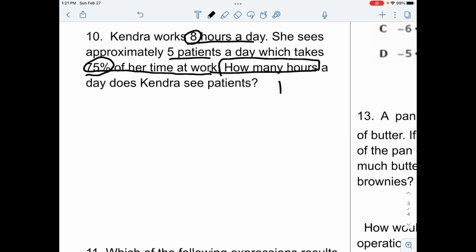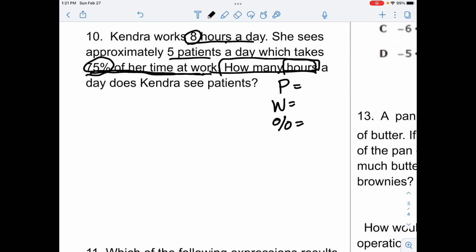So we're going to identify our part, our whole, and our percent. Kendra works 8 hours a day, she sees 5 patients, it takes 75% of her time. How many hours? We're not finding patients, we're finding how many hours, so we're talking about her time here.